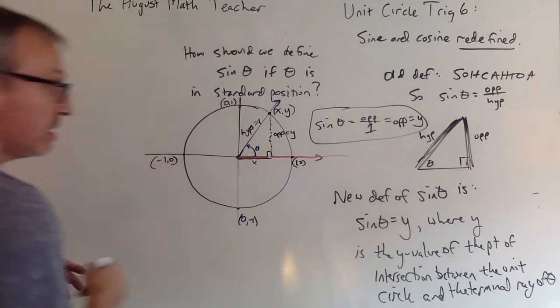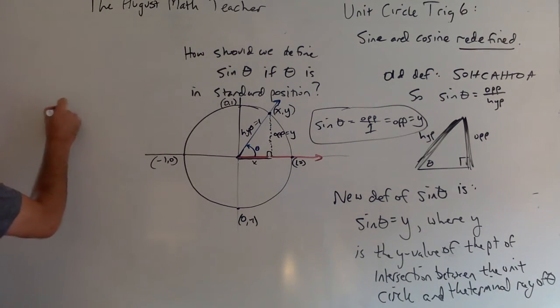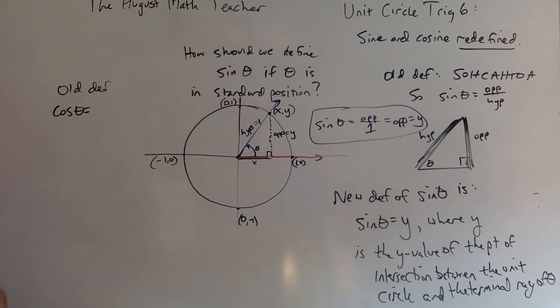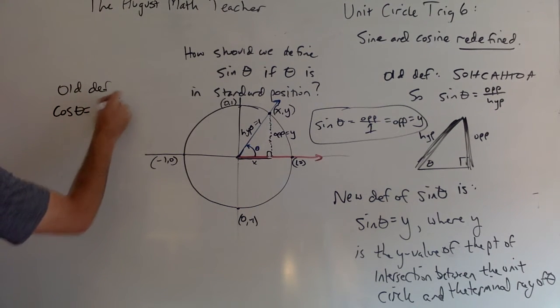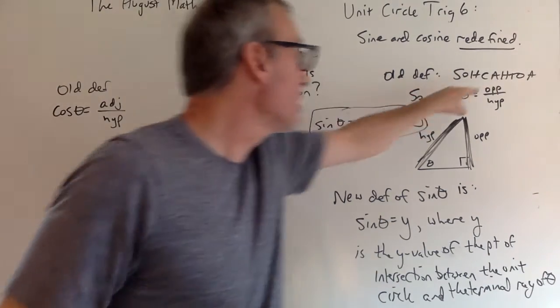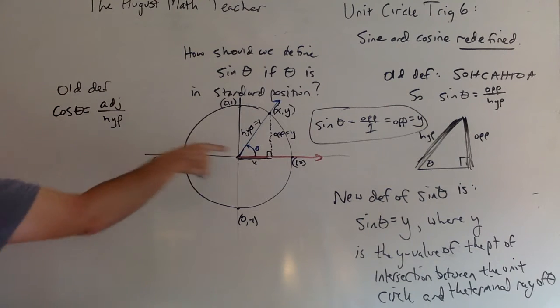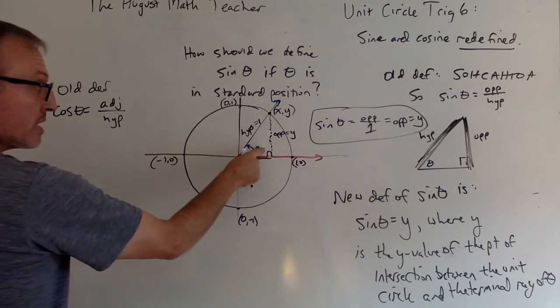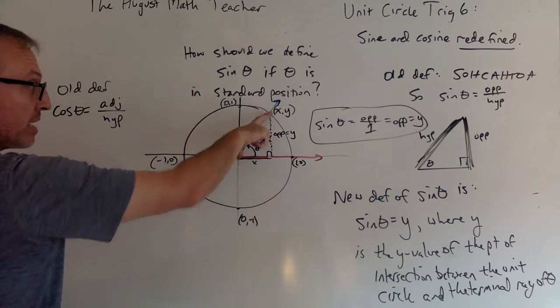What about the cosine of theta? Well, the old definition was that the cosine of theta was equal to the adjacent over the hypotenuse. CAH, C-A-H. If you look at this diagram, we should make the cosine of theta the adjacent over the hypotenuse.